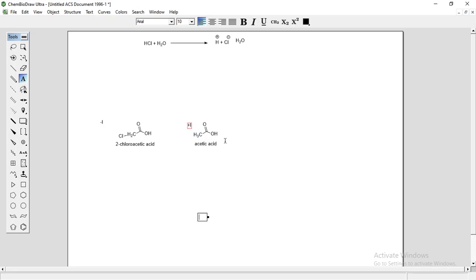In acetic acid, the methyl group shows plus I effect, that is electron donating inductive effect, and it destabilizes the anion, CH3C double bond O minus. Because of this, chloroacetic acid is 100 times stronger acid than acetic acid. Any doubt regarding this?